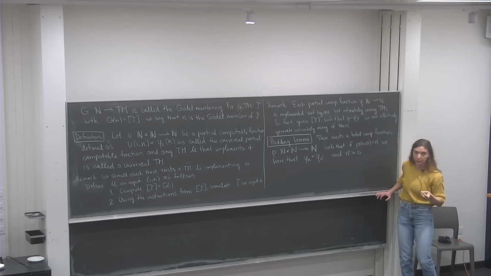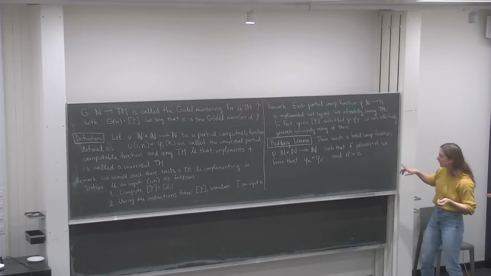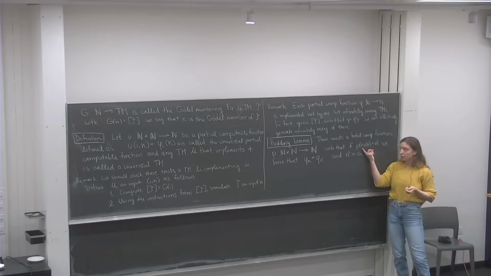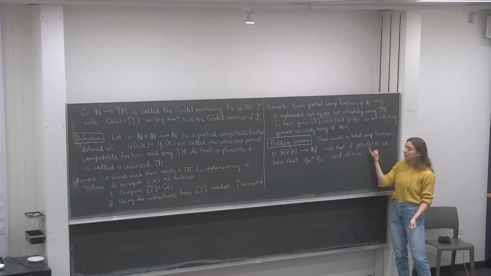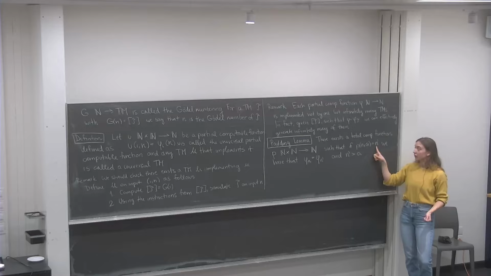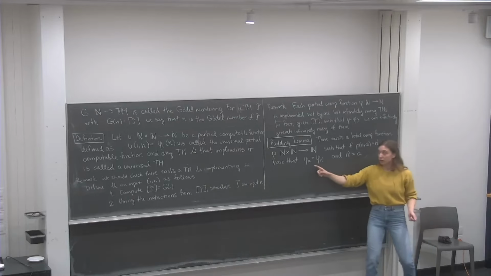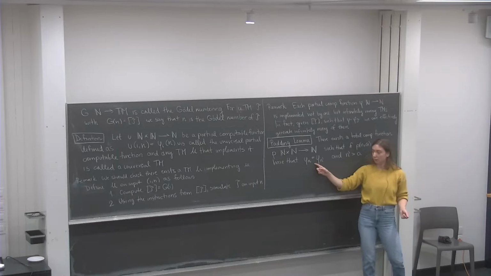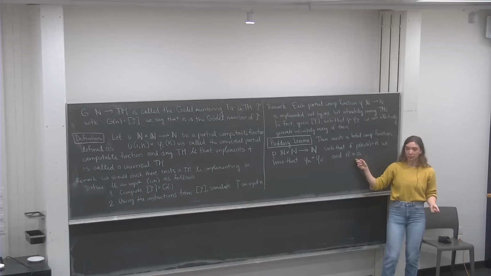So what does this say? This basically says if you interpret the first input as the Gödel number of a Turing machine and the second input as some lower bound, then this function will generate the Gödel number of a different Turing machine which computes the same function as n, but whose Gödel number is as large as you want it.